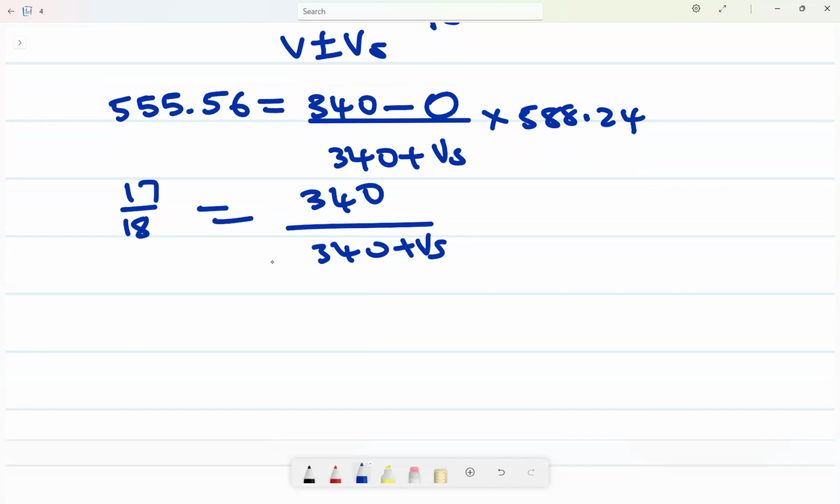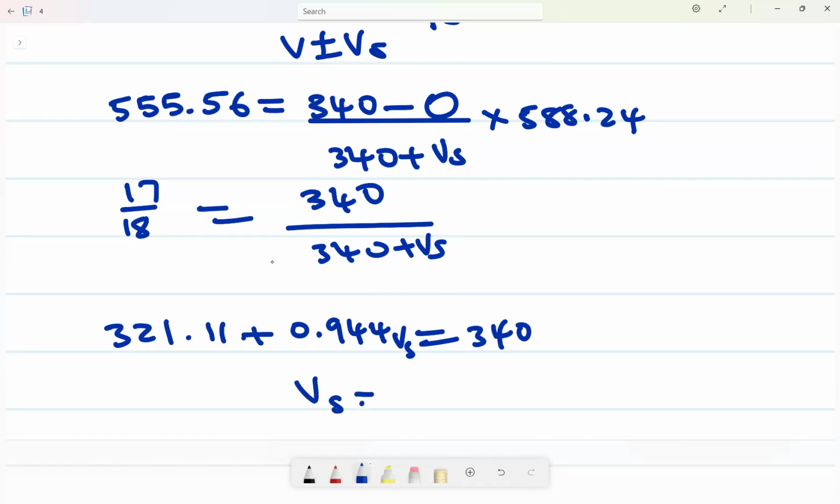You will get an answer of 321.111 and so on, plus 17 divided by 18 multiplied by Vs. Multiply by 1, which is the same as multiply by 1. You'll get something like 0.9444. So this is Vs. It is equal to 340.